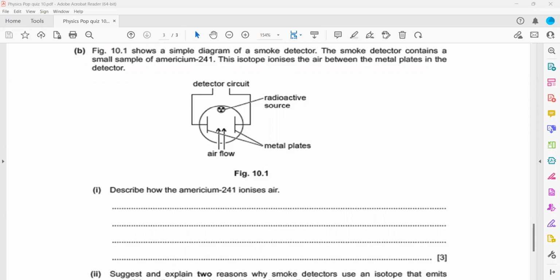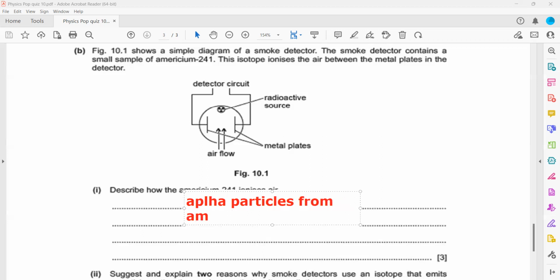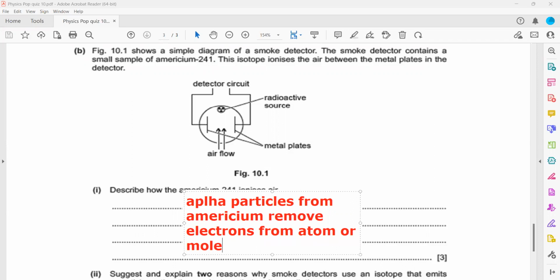And 1 mark is for mentioning the type of radiation, like here alpha. So alpha particles from americium remove electrons from atoms, or you can say molecules, in air.